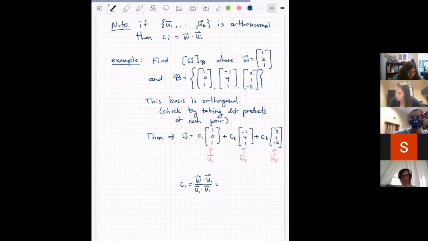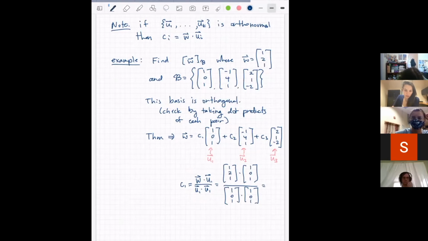W is (1, 2, 1), and we dot that with (1, 0, 1), divided by (1, 0, 1) dotted with itself. If we work out what this is, we get 1 plus 0 plus 1 in the numerator and the same thing in the denominator. So this is just going to be 1.